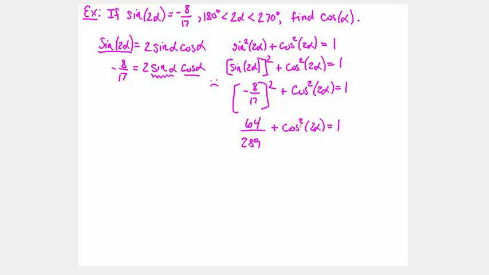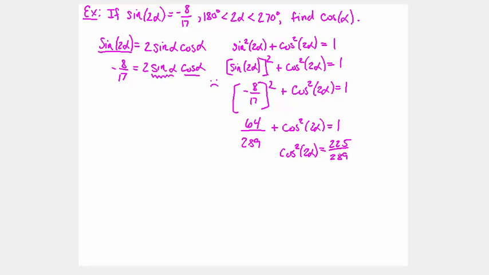Now, it may or may not be clear yet where we're going with that, but let's at least do that. If I subtract the 64 over 289 from both sides, I'll end up with cosine squared of 2 alpha equals 225 over 289. There's just a little fraction work to get that. It's 1 minus 64 over 289, okay, to get that.